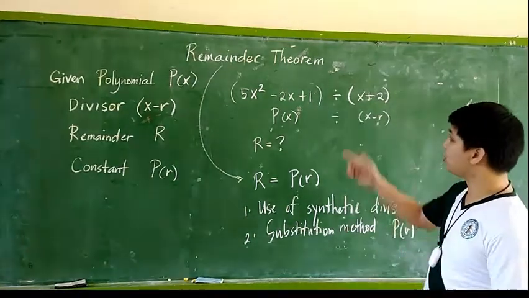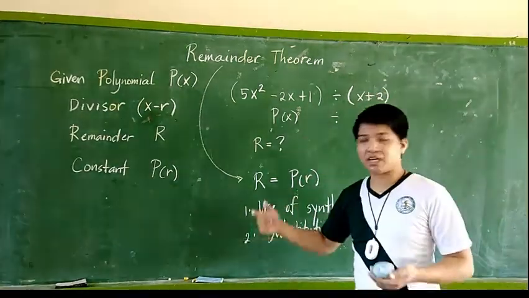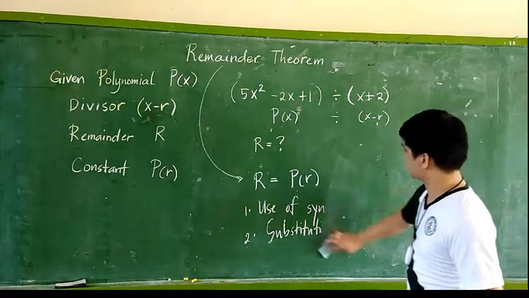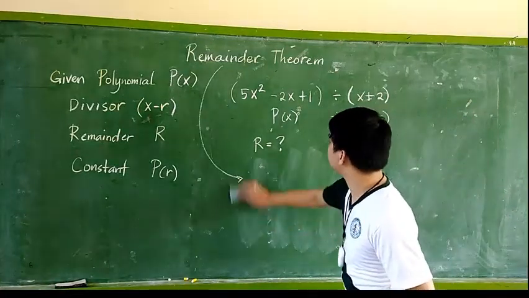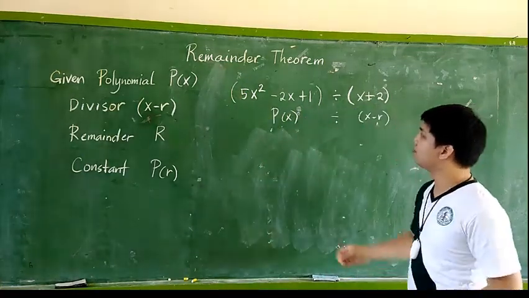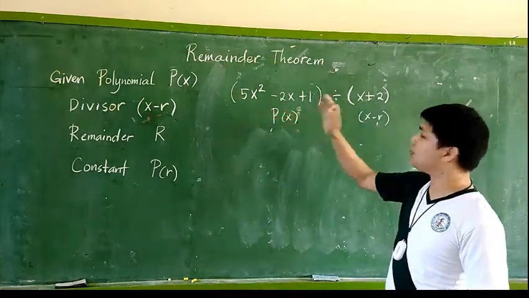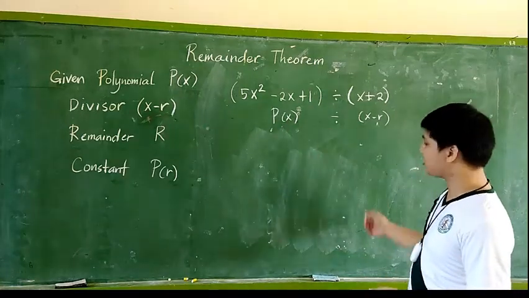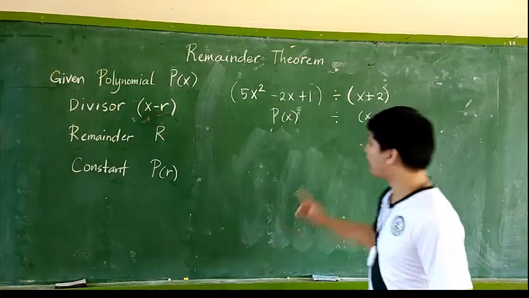So let us solve this one. Find the remainder when 5x squared minus 2x plus 1 is divided by x plus 2.